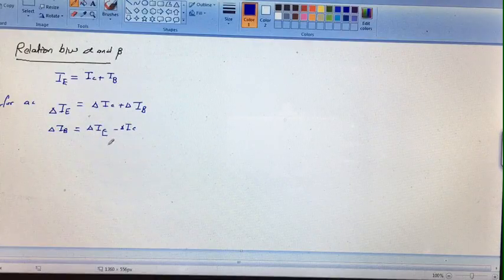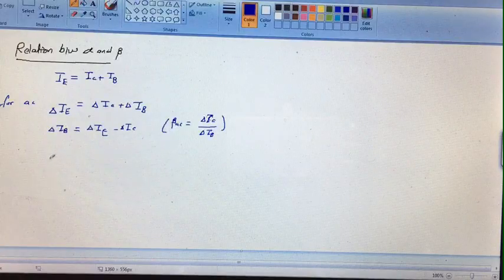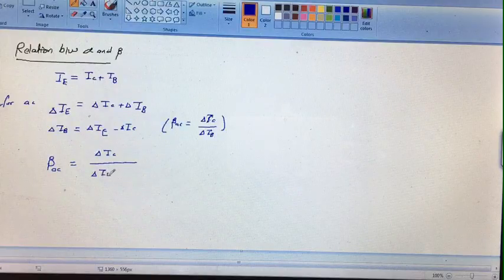We know that beta AC is equal to change in collector current upon change in base current. So put the value of del IB in this equation. Beta AC is equal to del IC upon del IE minus change in collector current.